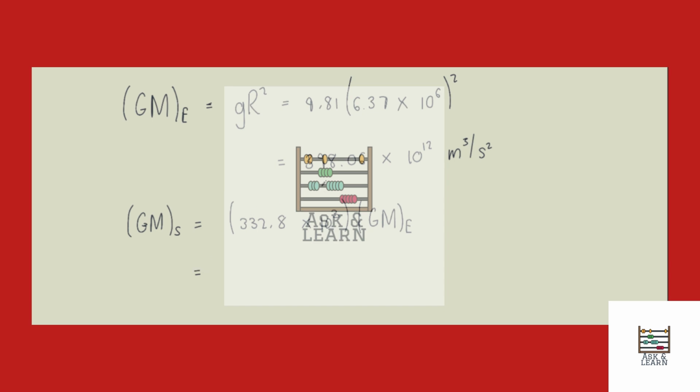And if we multiply this value by our first answer there, we get this value to be 132.474 times 10 to the 18 meters cubed per square second.